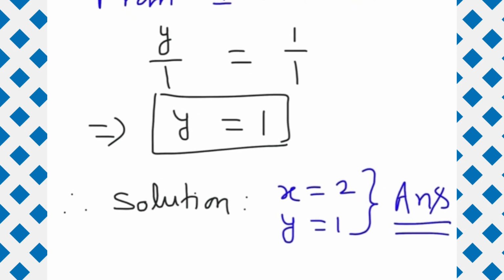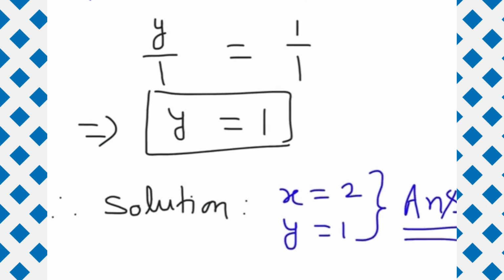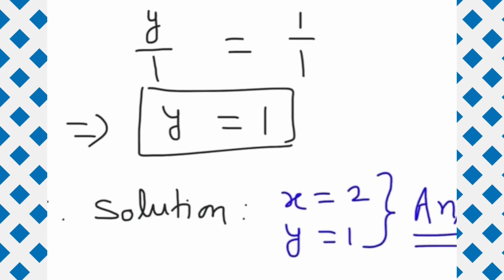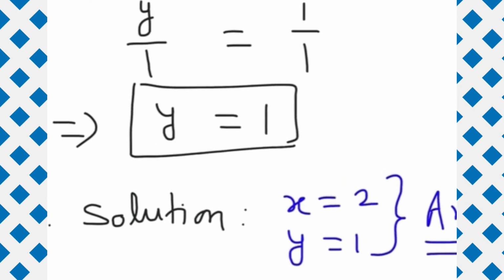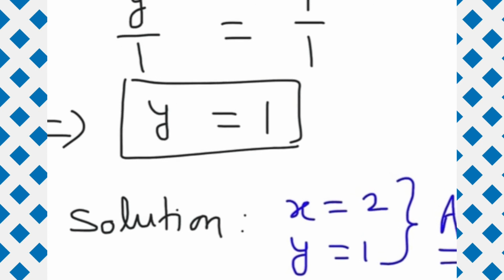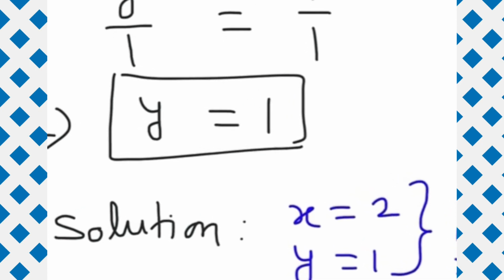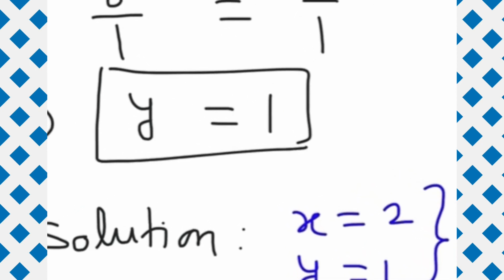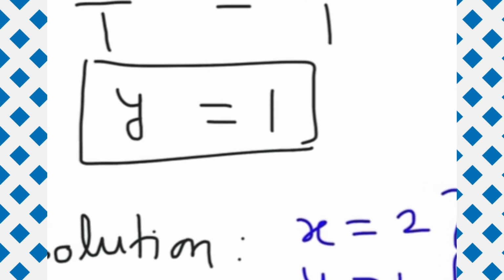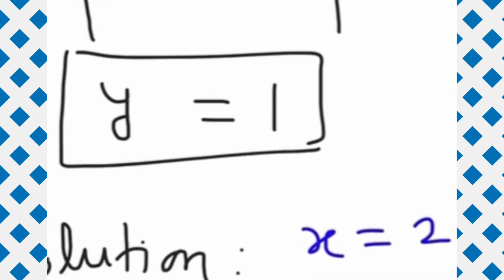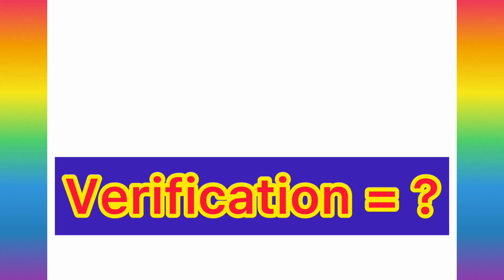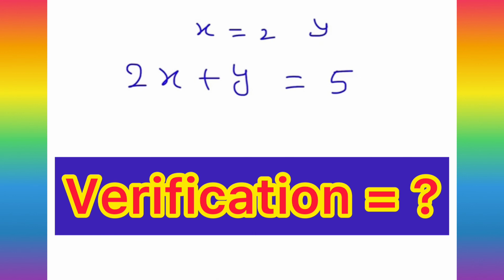So dear, this is the cross multiplication method, and I think that the concept of this method has been clear among all the students. So dear, you can check your answer, whether it is correct or not. So 2x plus y equal to 5. Now the value of x is 2 and the value of y is 1.